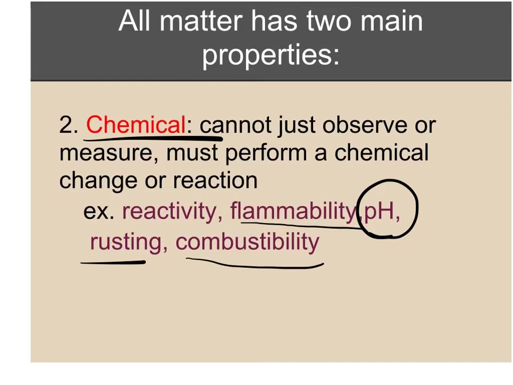All right, so those are chemical properties. So you've got physical properties, which you can observe and you don't change the substance when you're measuring it. Then you have chemical properties where you can't just observe it right off the bat. You have to perform a chemical change or reaction, which means you're going to change what the substance is into a different substance.